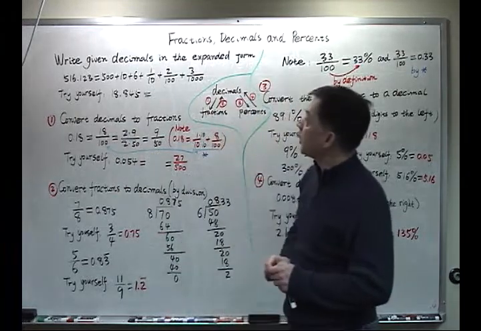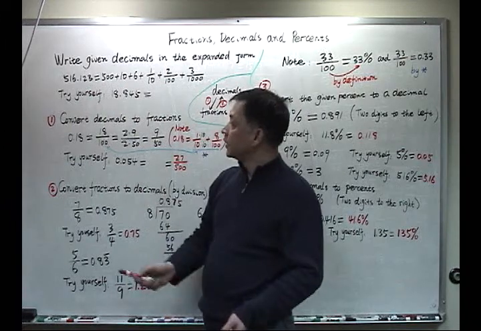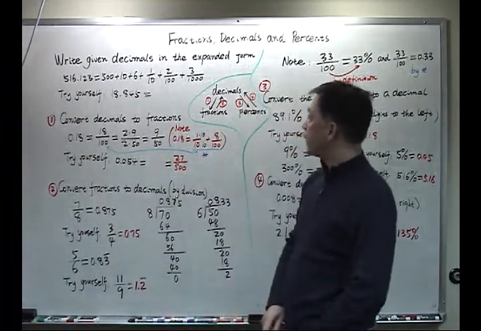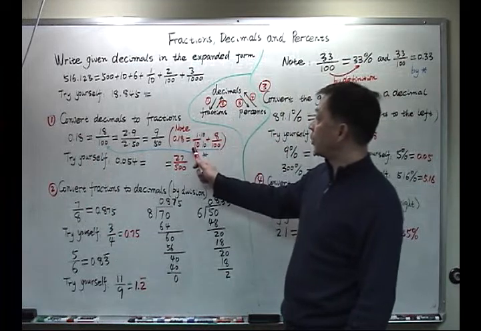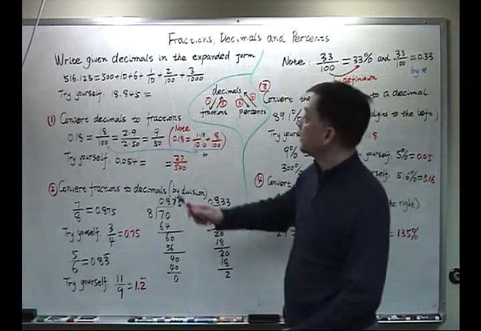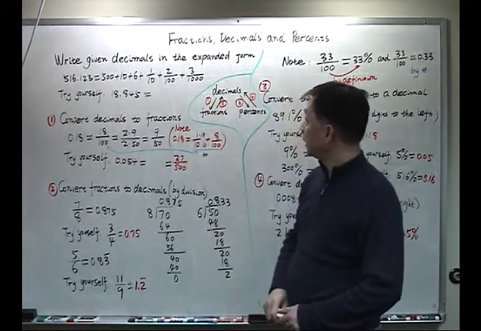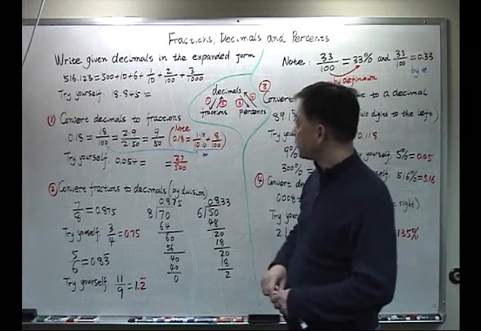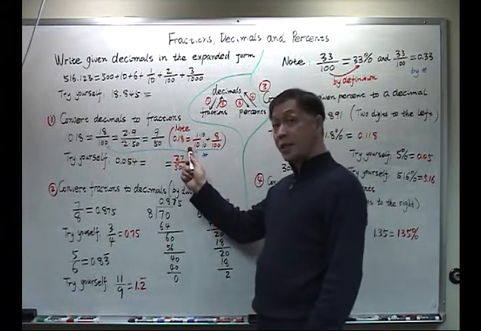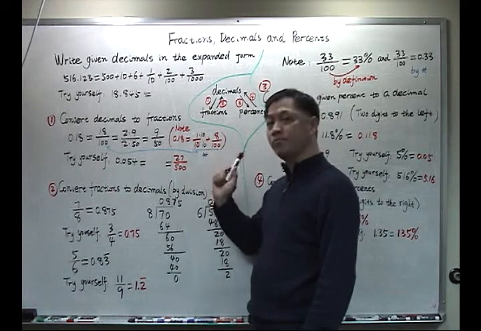So actually we got to use the expression above. We know the given 0.18 can be written as 1/10 plus 8/100. Okay? That's by writing the given decimal in the expanded form. And now we know 1/10, you can raise the denominator to 100.